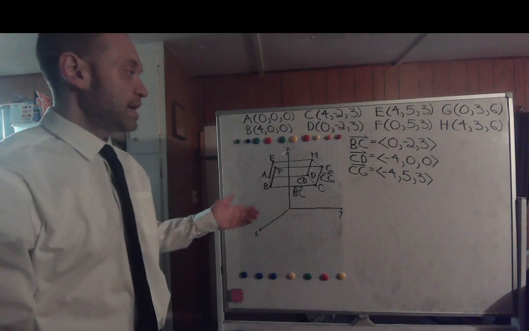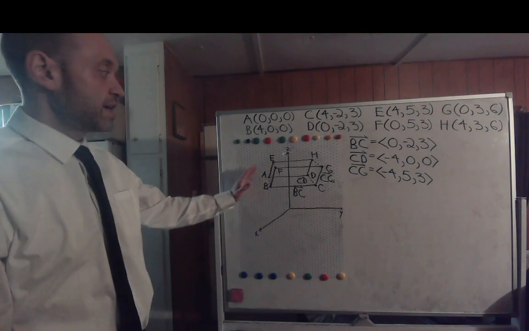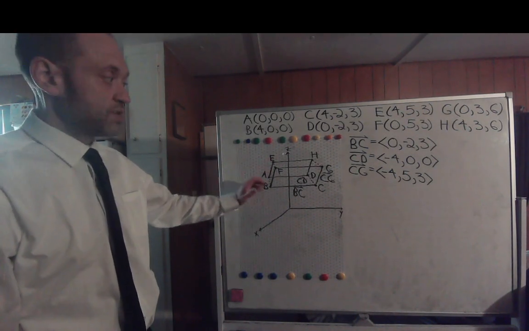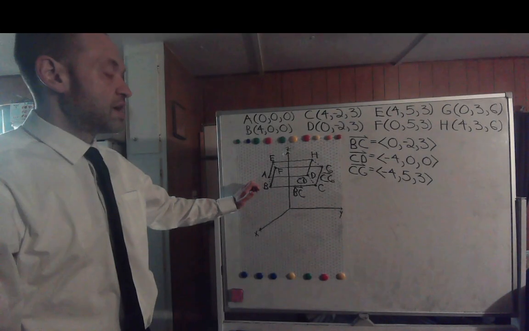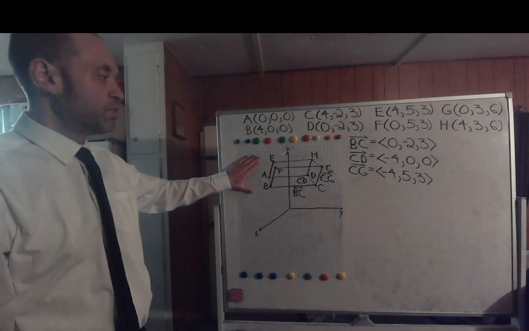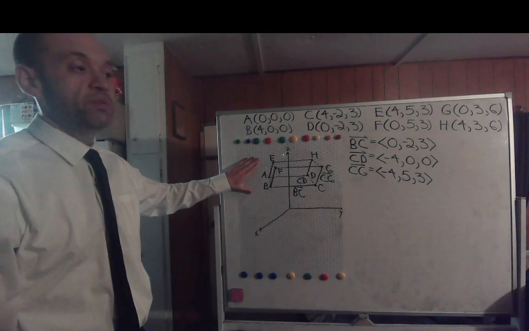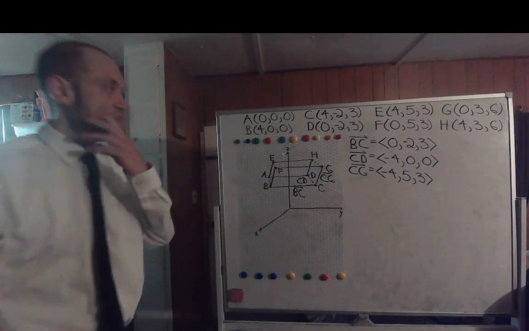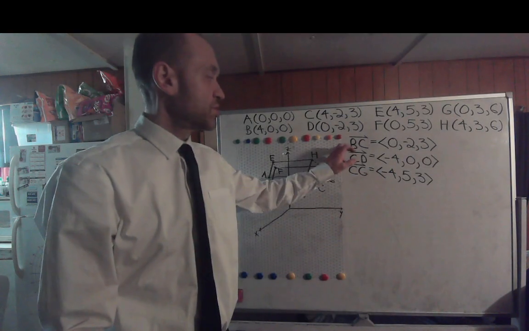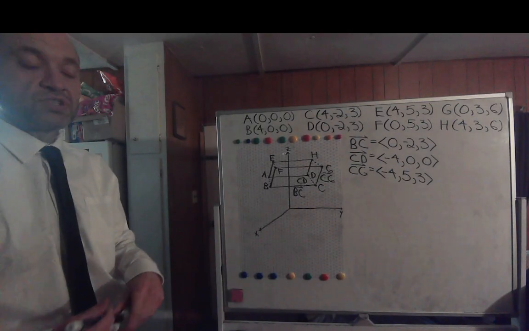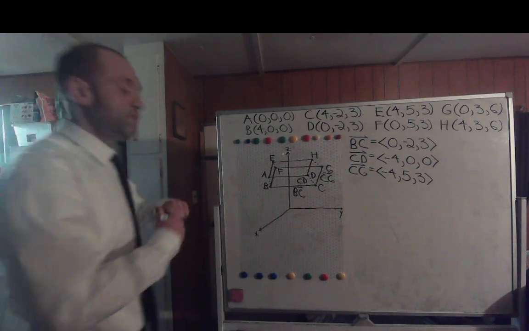So in actuality, I could have gone over here and found different vectors and gotten the same result. But basically think of these 8 points as different options you can pick to find your 3 vectors. You're not actually going to use all 8 points. Once you've found a vector to represent your length, width, and height, it's time to take the triple scalar product and then take the absolute value of it.